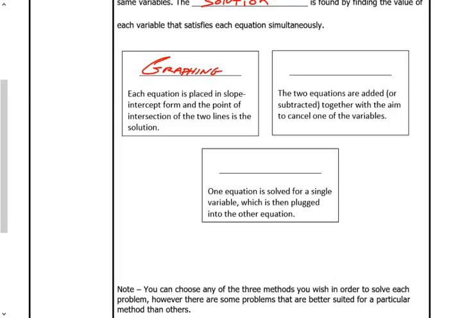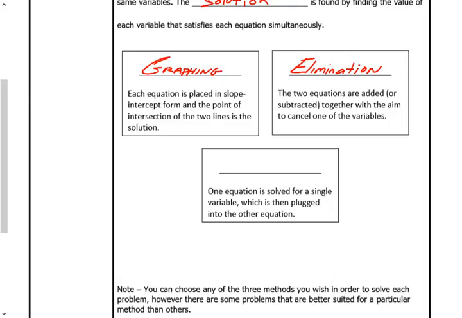Now, elimination actually ends up being the easiest option more times than not. And what elimination does is it adds or subtracts both of the equations together so that one of the variables cancels out and we can solve.